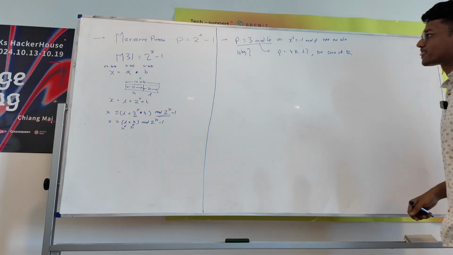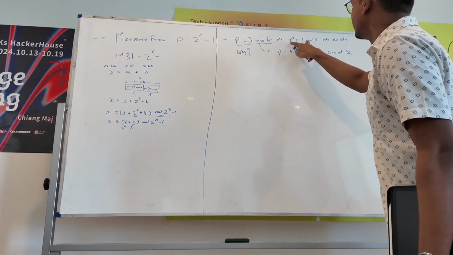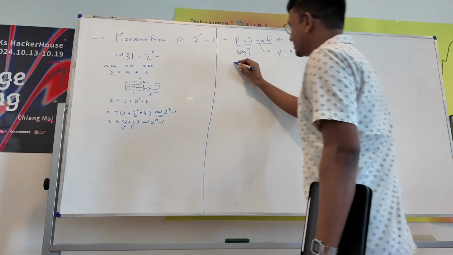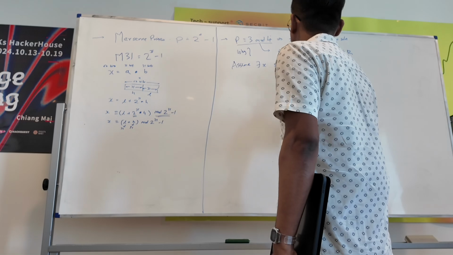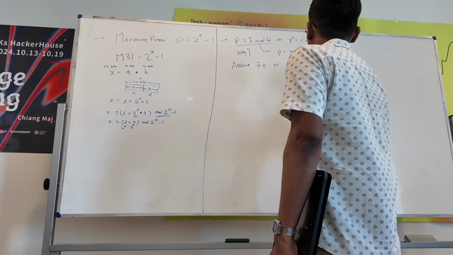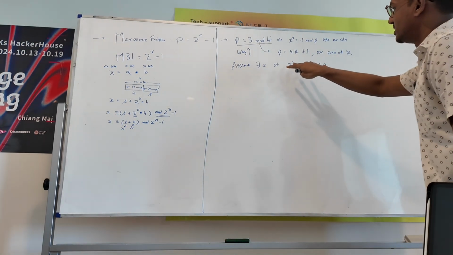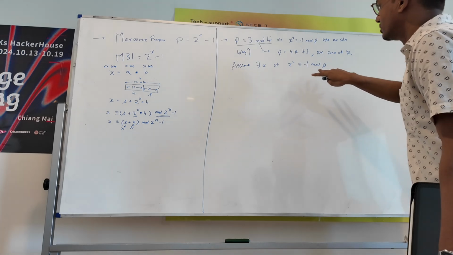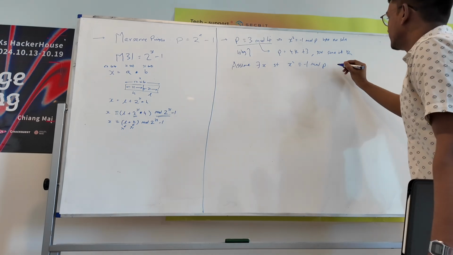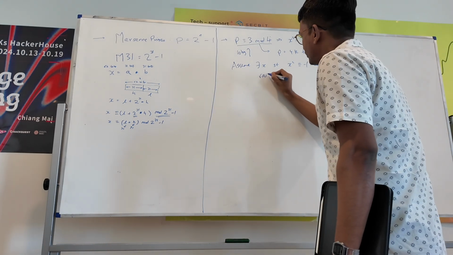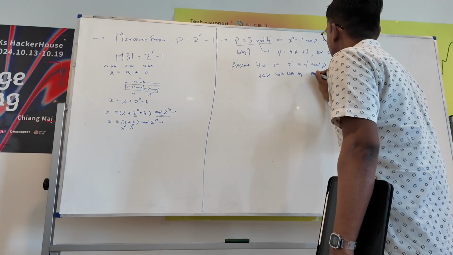So we are doing proof by contradiction. Let us first assume that there exists an x such that x squared equals minus 1 modulo p holds, and now you raise this expression, the left hand side and the right hand side, both sides by p minus 1 by 2.